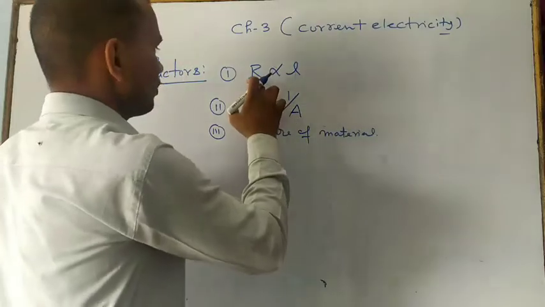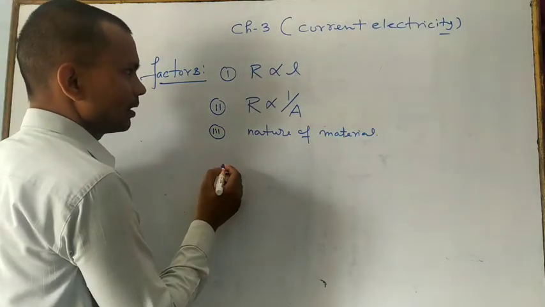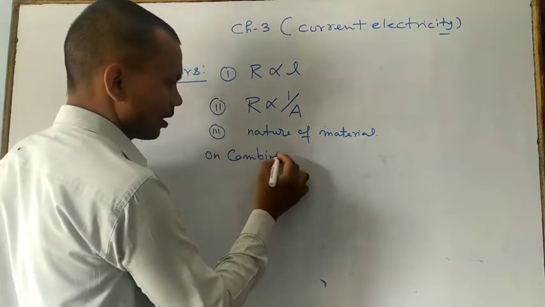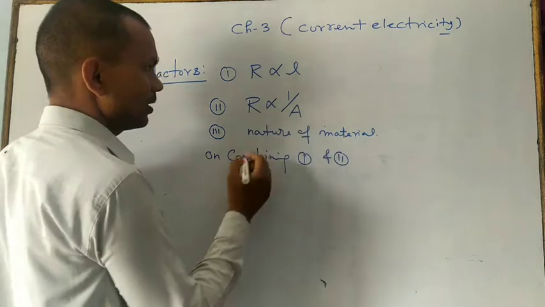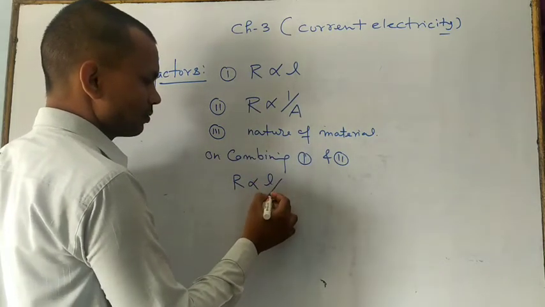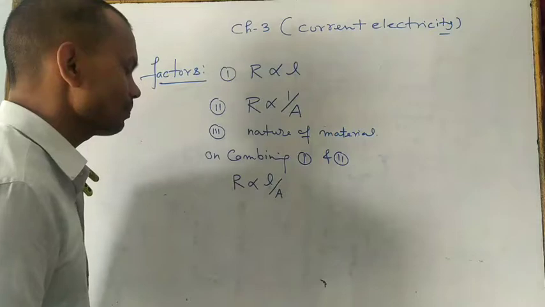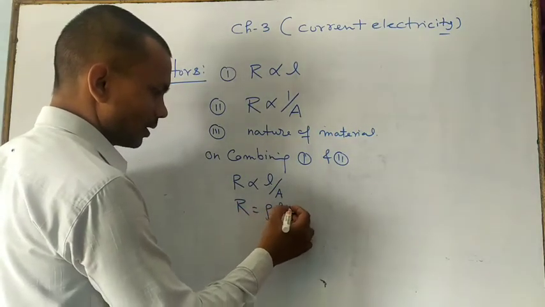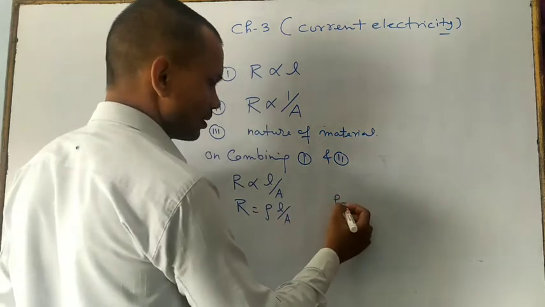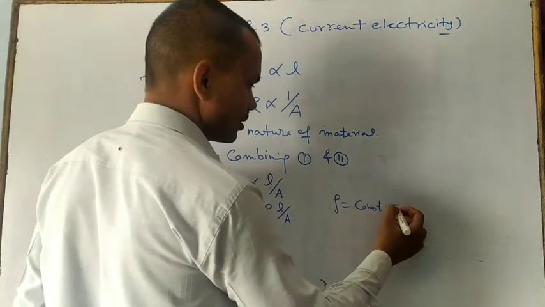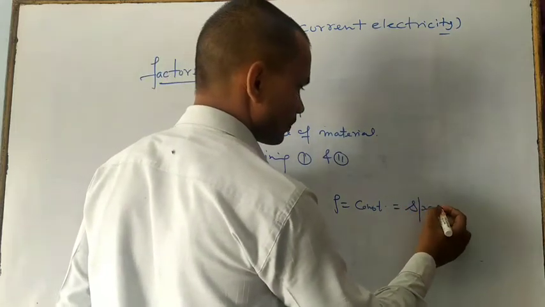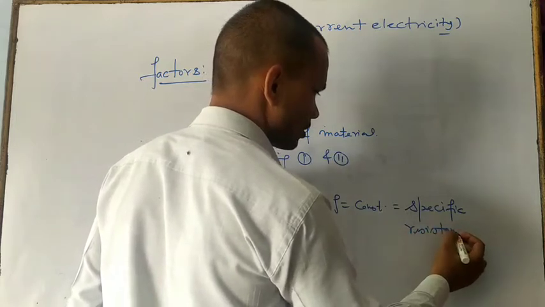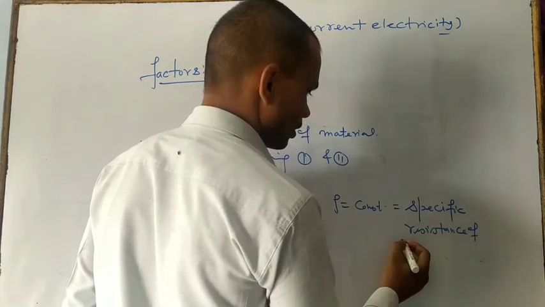If we combine 1 and 2, what we find is that R is directly proportional to L by A. If we remove the proportionality constant, we get R equal to rho L by A, where this rho is a constant, and this is known as the specific resistance of the conductor.